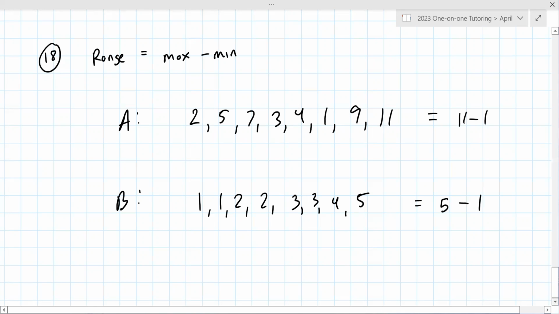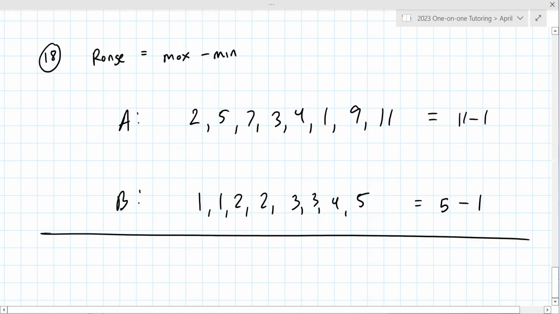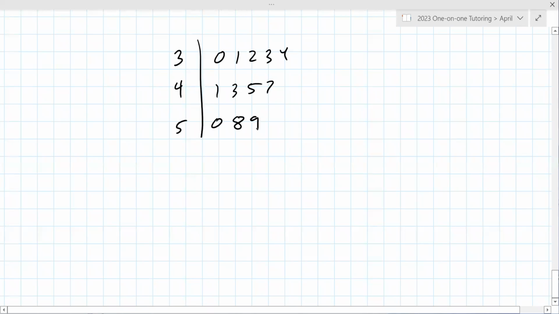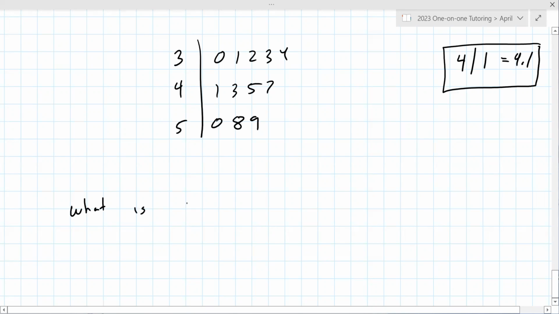Now you might get a problem with a stem and leaf plot, so we should talk about that. Let's say it's some sort of stem and leaf plot like this: 0, 1, 2, 3, 4, 3, 5, 7, 0, 8, 9. And let's say the legend is 4/1 means 4.1. What is the range of this stem and leaf plot?